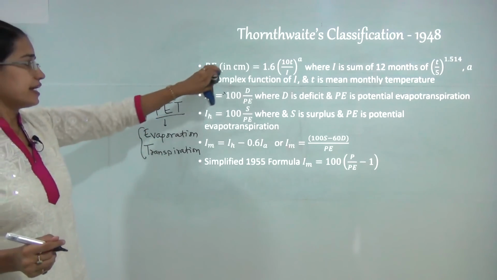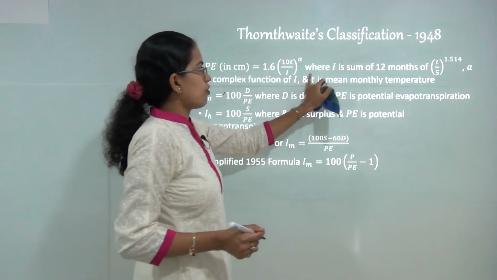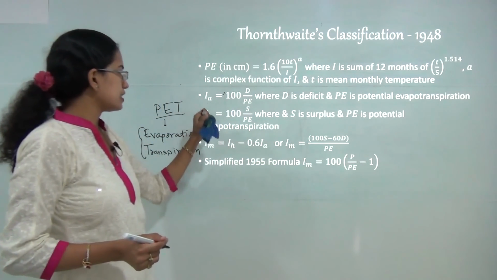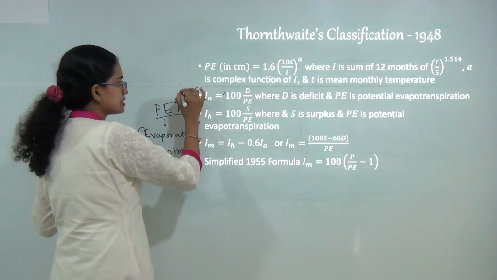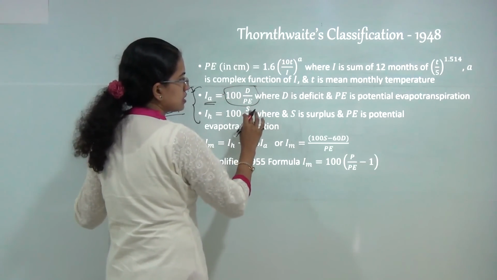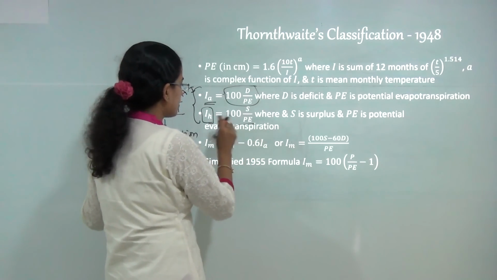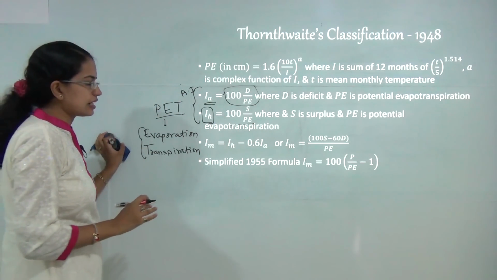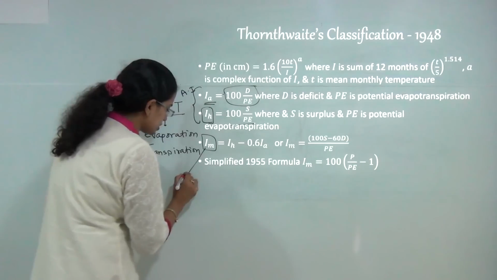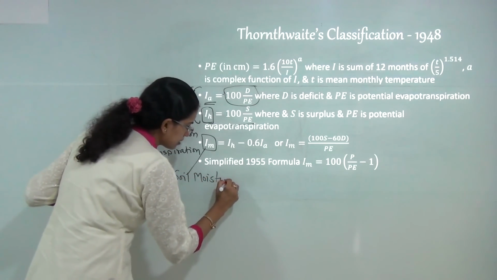Based on this, he laid down the potential evapotranspiration index with this formula and these values, and he then laid down two indices, that's the aridity index, which was denoted by deficit by potential evapotranspiration, and the humidity index, and based on the aridity and the humidity index he laid down the soil moisture index, and this soil moisture index was a main determinant in his theory.